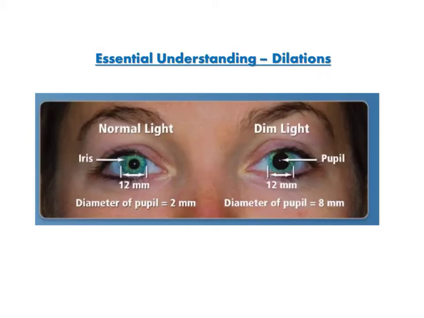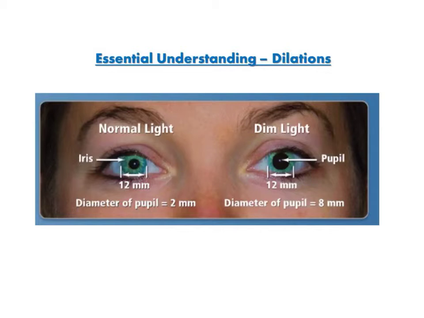Now, some of you may have gone to the eye doctor and had your eyes dilated, and that's kind of what we're doing with these shapes and figures. If you notice, this pupil is in normal light, and in dim light the pupil opens up, and it says the diameter of the pupil over here is 2 millimeters, and the diameter of the pupil over here is 8 millimeters.